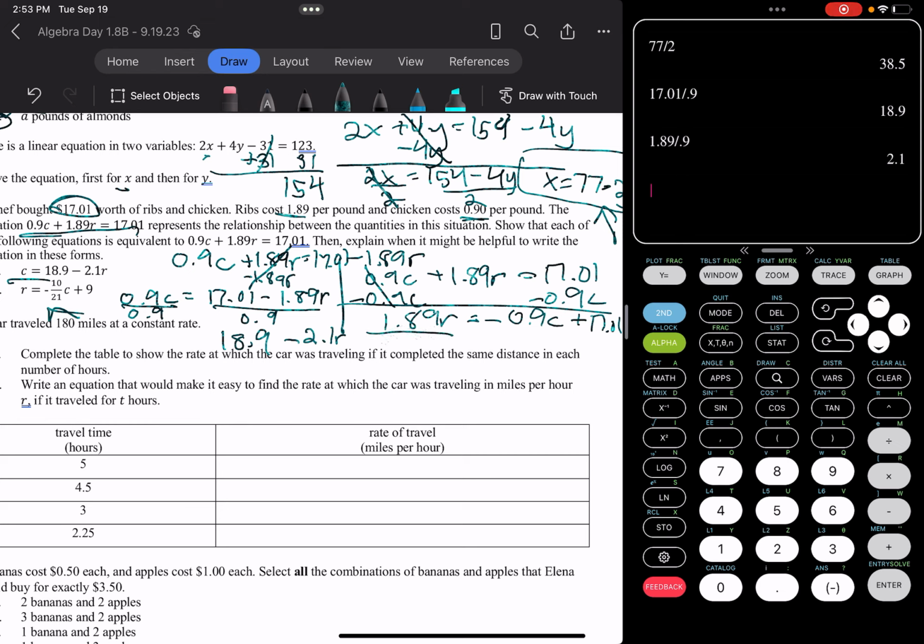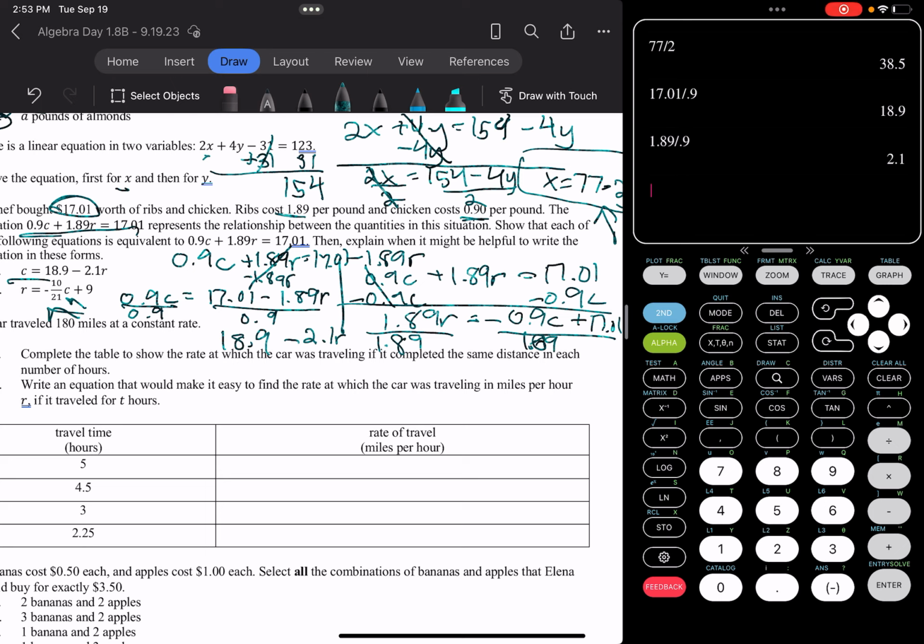So I'm going to divide, and here we can see that they have it that way. Divide both sides by 1.89. And so they actually wrote out negative 0.9 over 1.89 as a fraction.